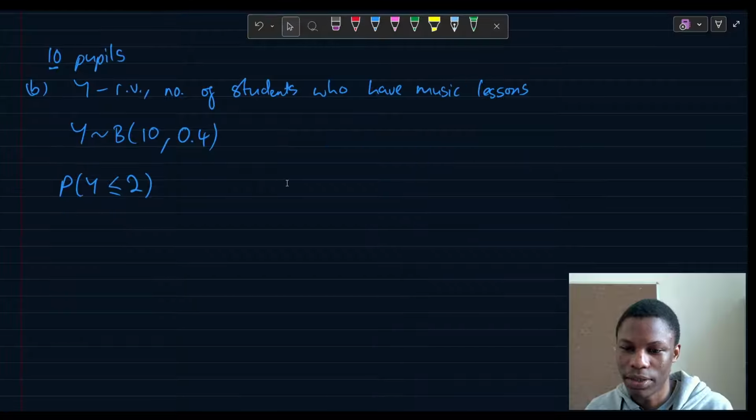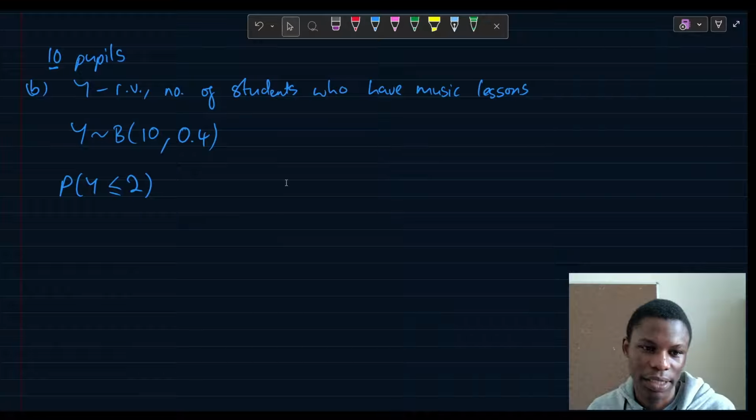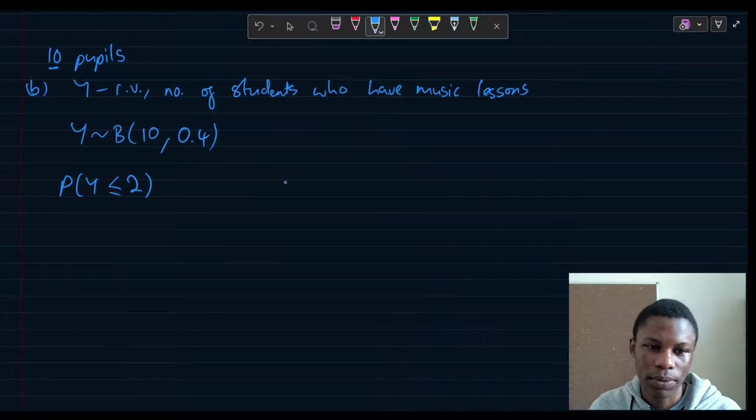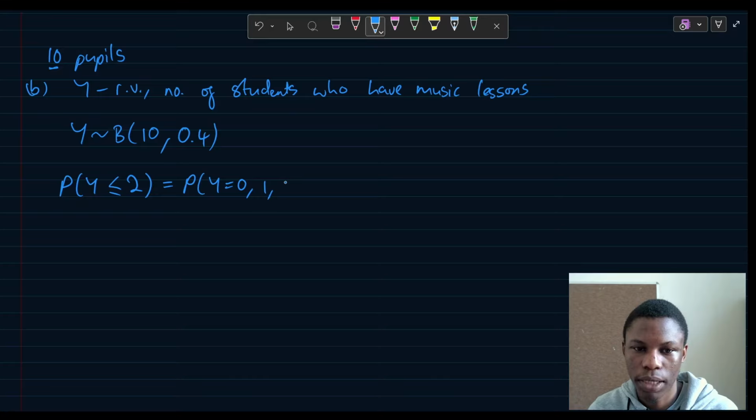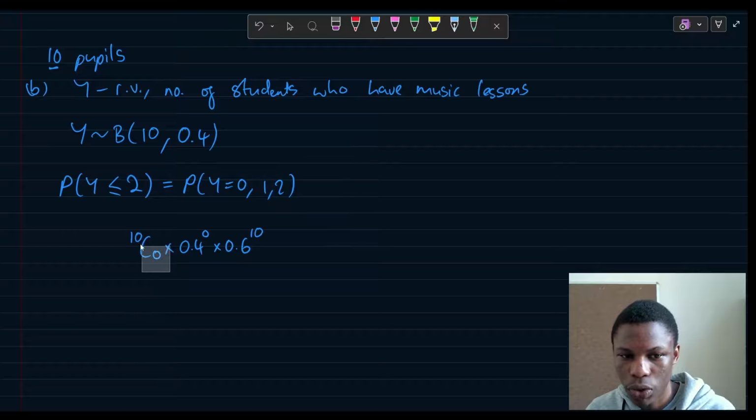And now we need to find the probability of this. So if we say y is less than or equal to 2, we're looking at y is 0, 1, or 2. And we need to evaluate each of those. So we're going to do 10 choose 0 times 0.4 to the 0 times 0.6 to the 10. Hopefully you know that 10 choose 0 is 1.